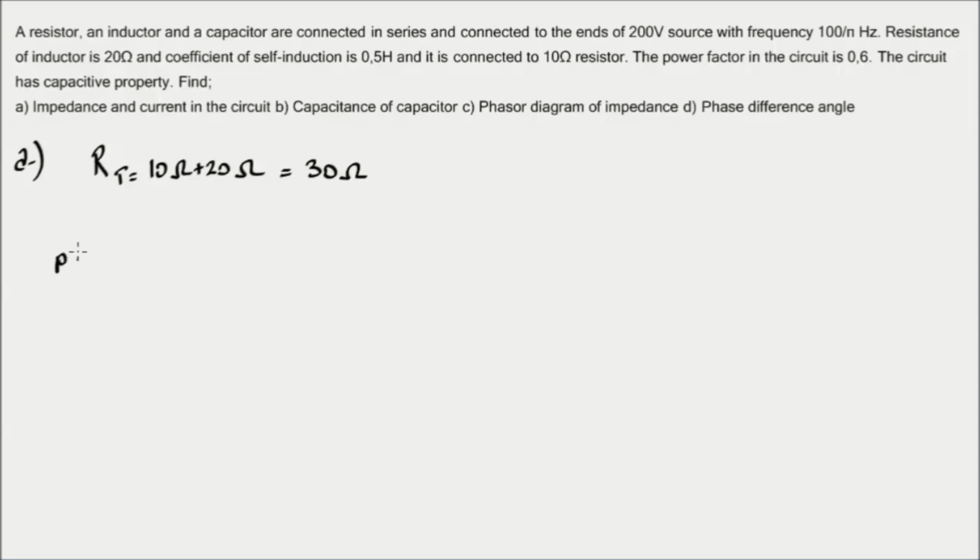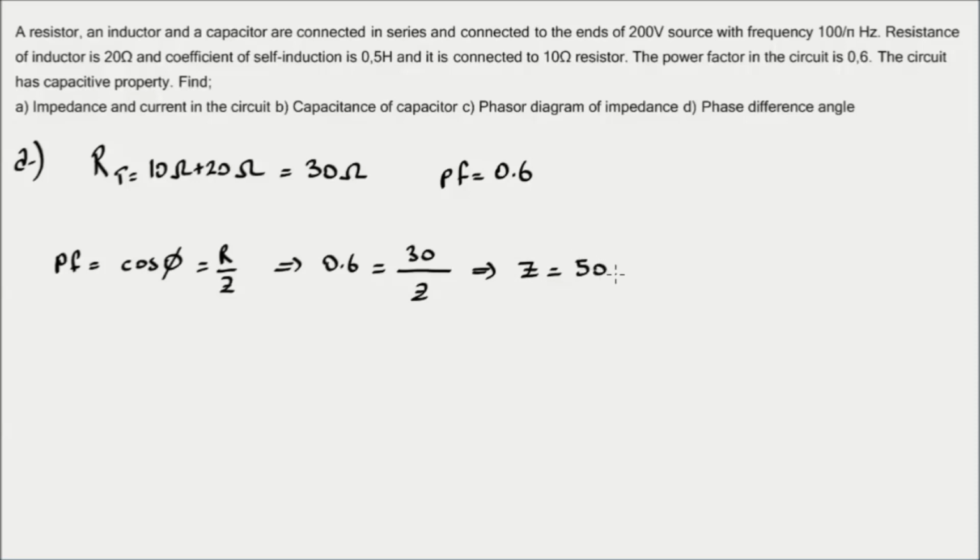Power factor is given: cosine phi equals R over Z, and the power factor is 0.6. So 0.6 equals 30 over Z, and Z will be 50 ohm.